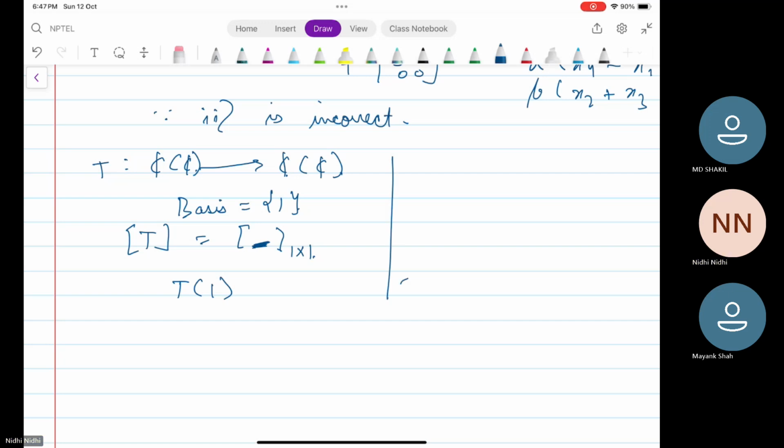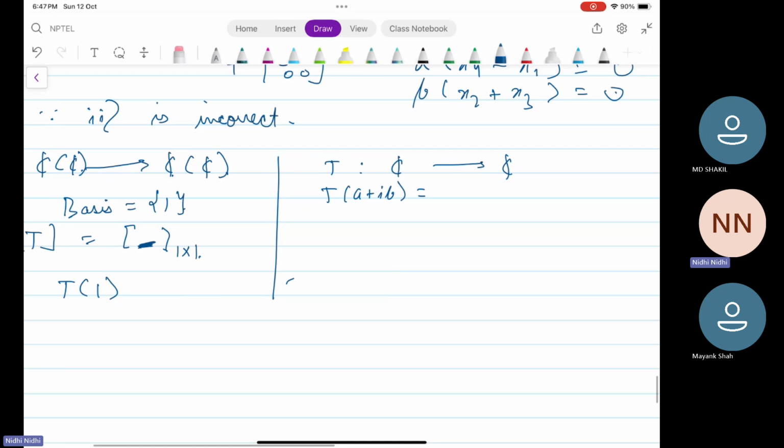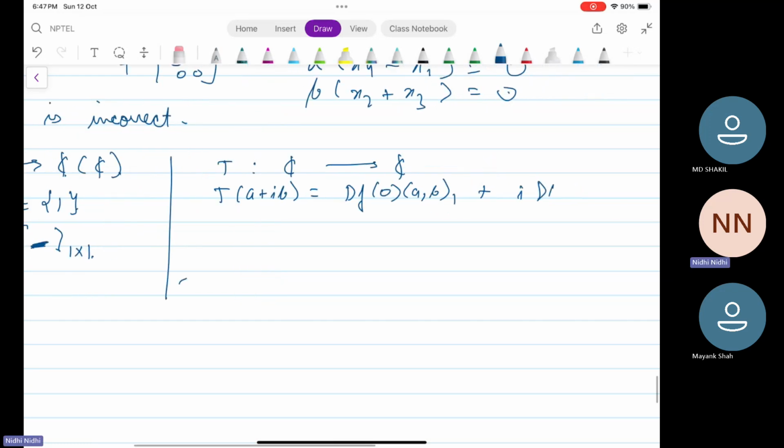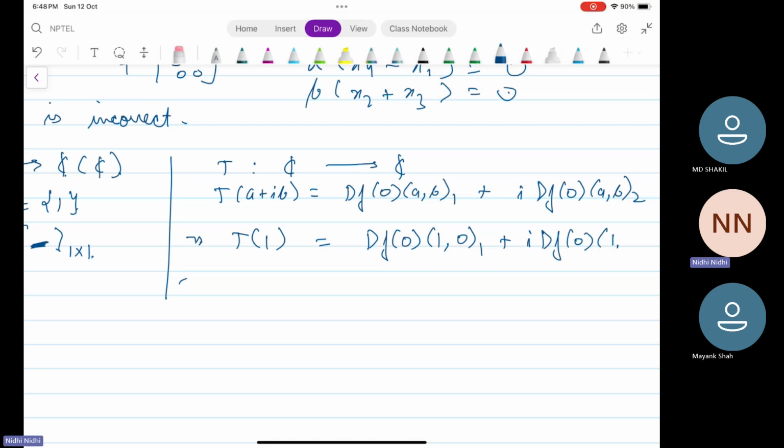By definition, we have T from C to C, and T at any point a plus iota b is equal to DF0 at (a, b) first component plus iota DF0 at (a, b) second component. This implies T of 1 will be DF0 at (1, 0) first component plus iota DF0 at (1, 0) second component.